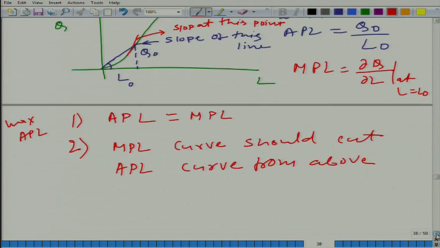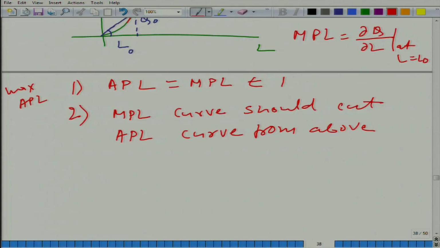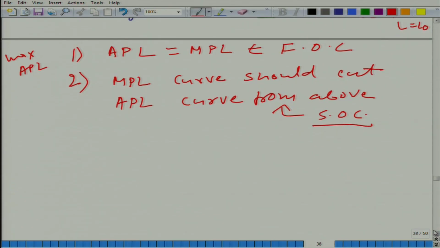If you know calculus, you would notice that this is basically first order condition and this is second order condition. Let us look at it, let us do it mathematically.